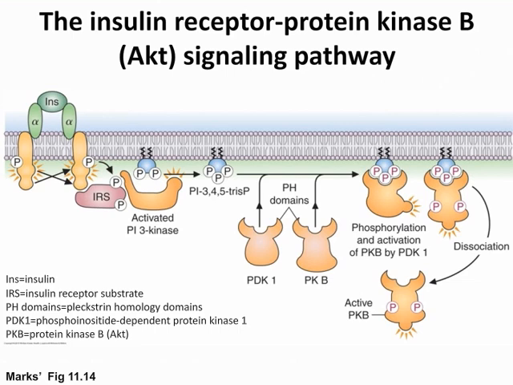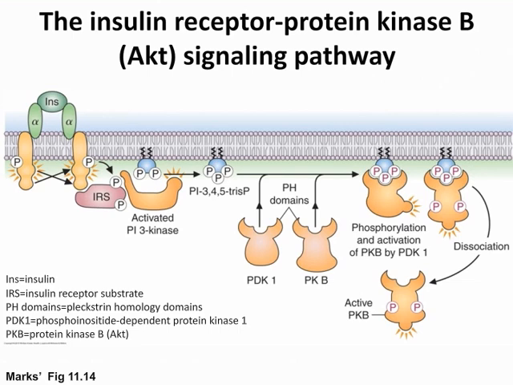The first thing that happens is insulin has to bind to the receptors. Remember, that causes the beta subunits to autophosphorylate each other, and that allows IRS to bind to it. So IRS, along with PI3 kinase, from the previous pathway, are going to bind and phosphorylate PI4,5 bisphosphate, which is not shown here, and make that become PI3,4,5 trisphosphate.